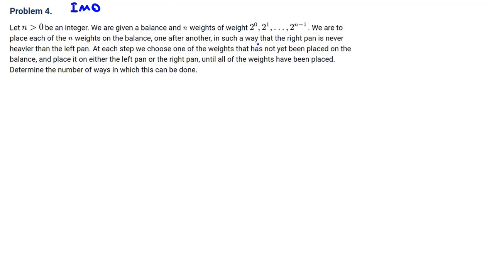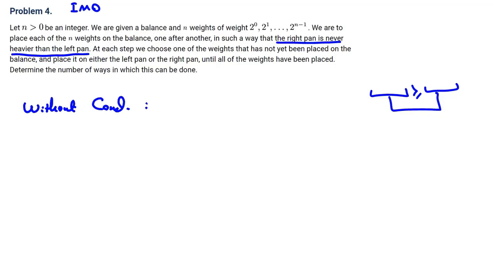Okay, the important part of this problem is that when you place these weights, the right pan is never heavier than the left pan. Okay, so left hand is always greater than or equal to right hand. So if we didn't have this condition, how many ways are there without the condition? Pause the video and try to find on your own. It is n factorial for the order, times 2 to the n for each weight on the left side or right side. Now, let's solve with this condition.